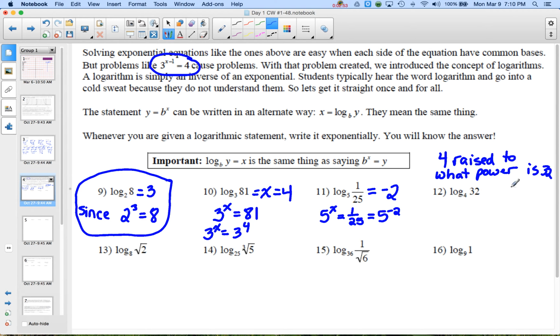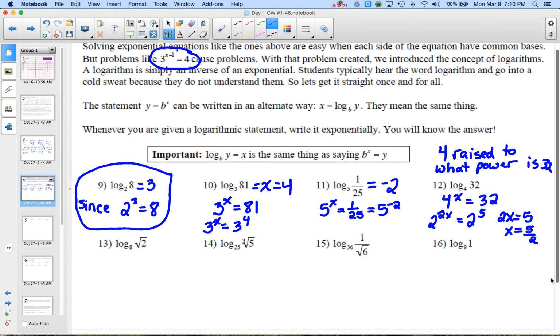So if you think about it that way, that will help you rewrite it. So 4 raised to what power is 32. And then do the strategy we just did, common base. So we're going to have 2 to the 2x equals 2 to the fifth. So we get 2x equals 5, or x equals 5/2.